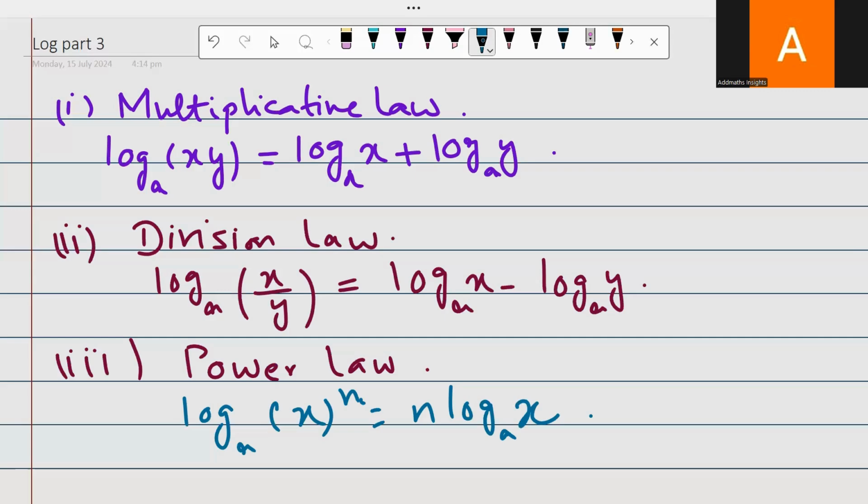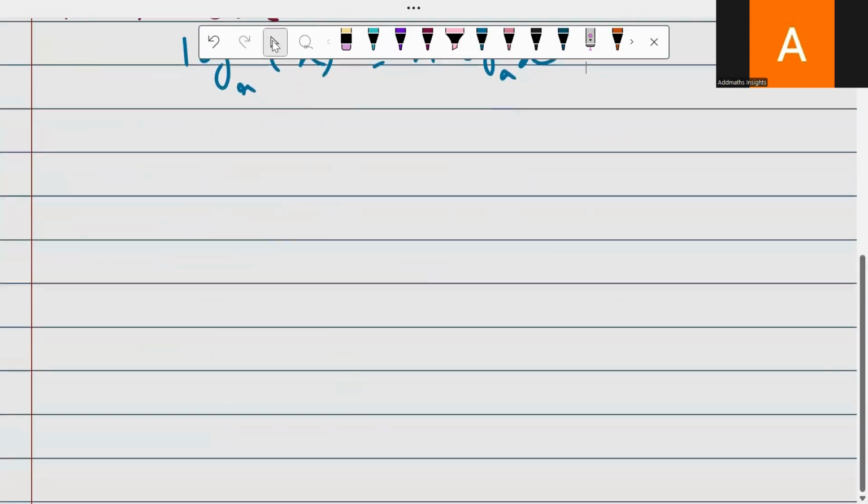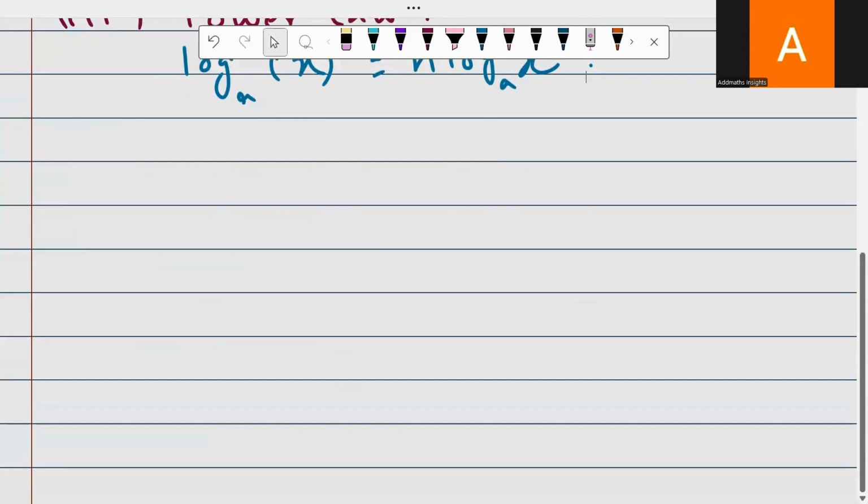You can apply these laws to change any expression into a single logarithm, and further, you can apply them to solve logarithmic equations as well.